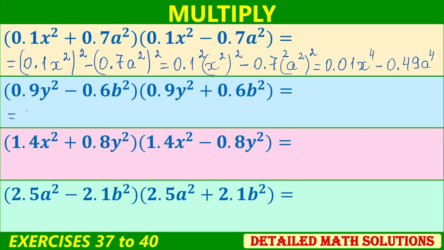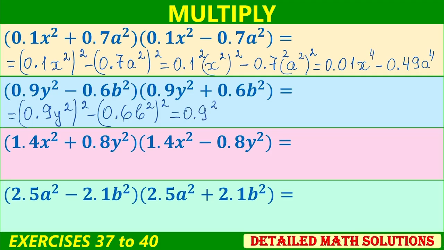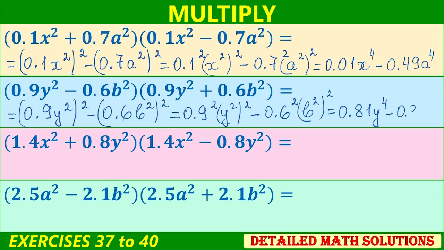When I apply the formula, this equals (0.9y squared) squared minus (0.6b squared) squared, which equals (0.9 squared multiplied by y squared) squared minus (0.6 squared multiplied by b squared) squared, which equals 0.81 y to the fourth power minus 0.36 b to the fourth power.